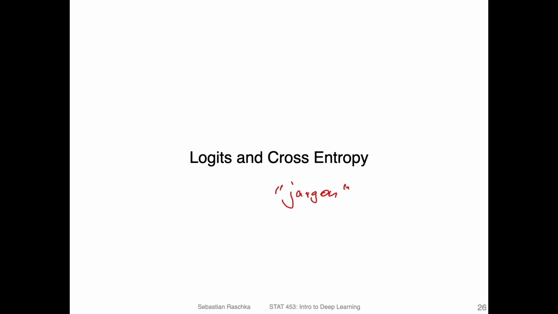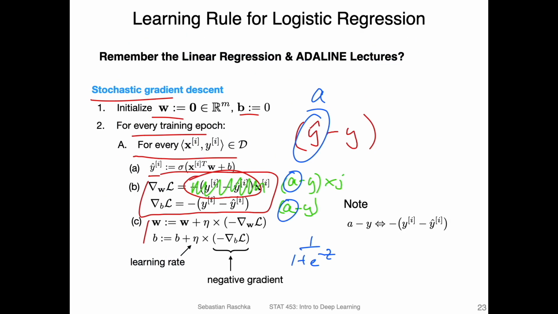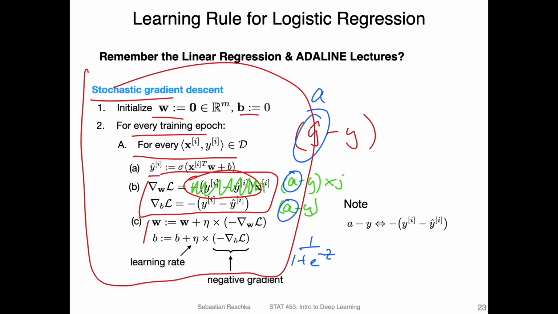If everything in this video was a little bit fast and confusing, I think the code example will clarify that, because then we will put everything together. We will do the forward pass, compute the gradients, and update the weights. So we will really implement this whole stochastic gradient descent learning rule in code, and that I hope clarifies everything.